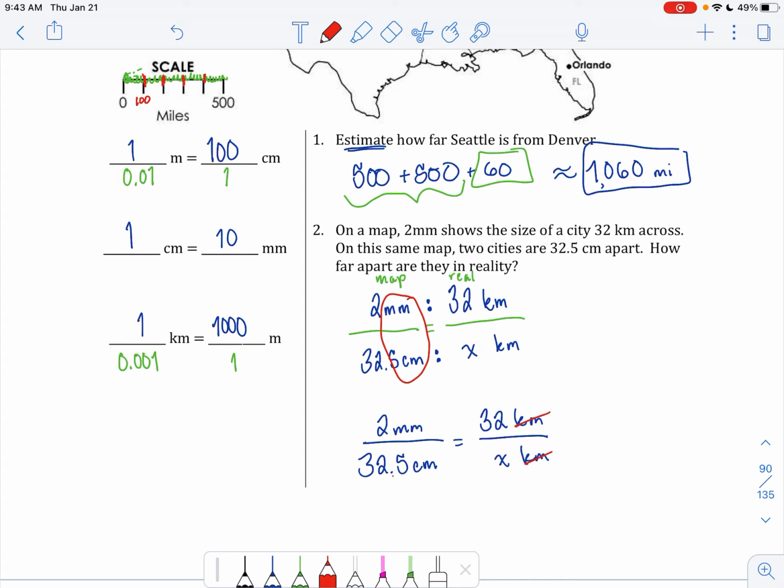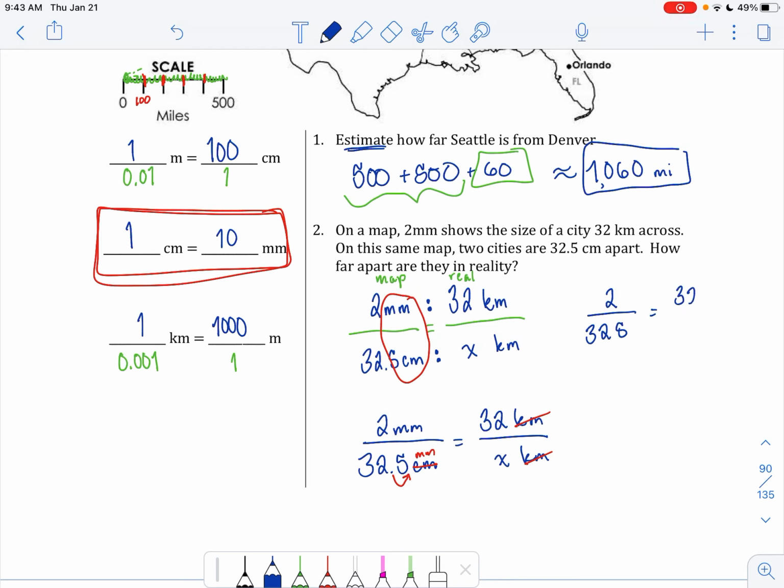I think it's easy to just move this decimal over one space, which turns them from centimeters to millimeters, using our conversion from here, just one space over, multiply by 10. And then we have the same unit which cancels, so the proportion we end up solving is 2 over 325 is equal to 32 over x.